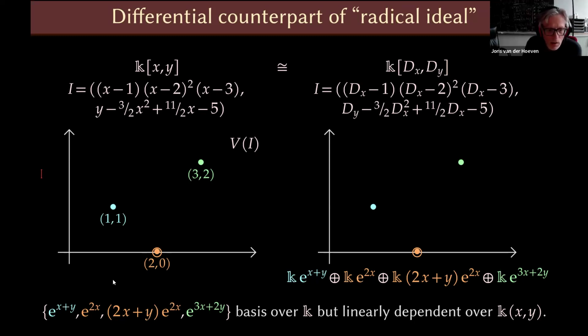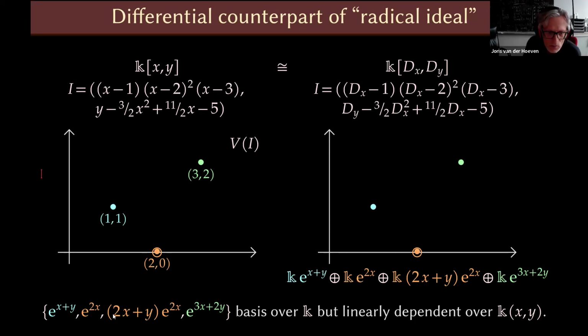In particular, it means that in this non-radical situation, we have a k-basis of solutions, but this k-basis is not just exponentials anymore.